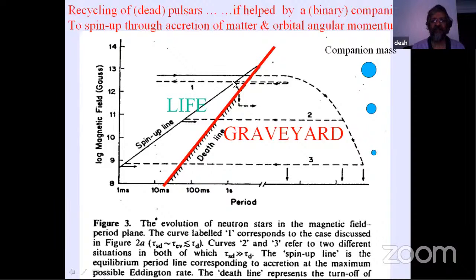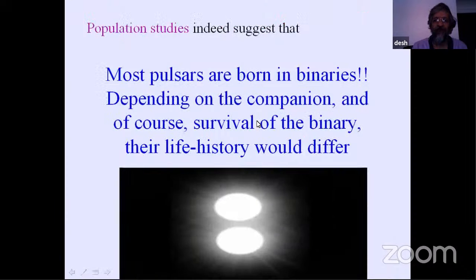And one has seen a sudden step in the current at this location, and one is trying to understand whether it corresponds to a spin-up line, what kind of accretion rate is required for that, and so on, because different spin-up lines parallel to each other will correspond to different accretion rates. So one can revisit that issue.